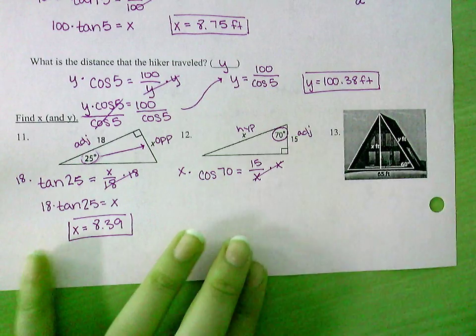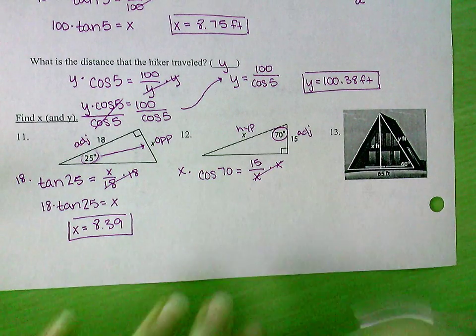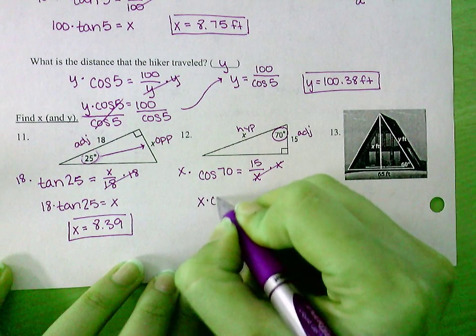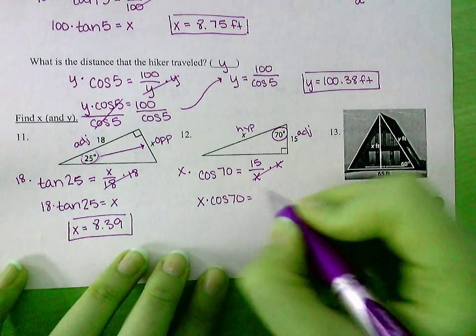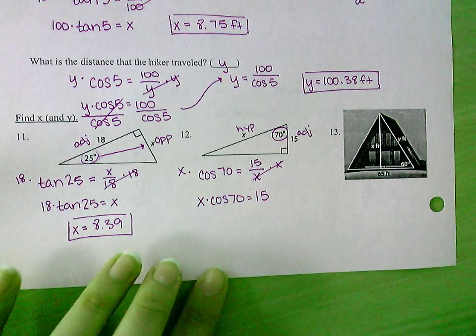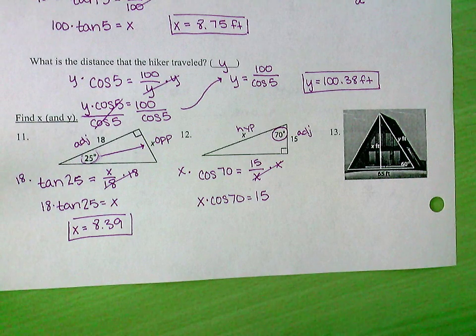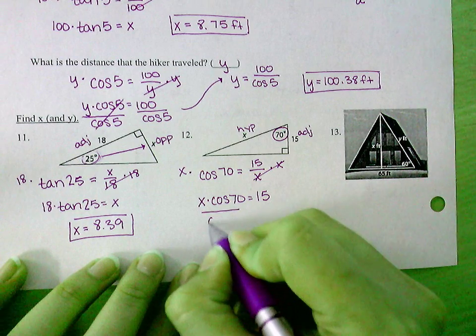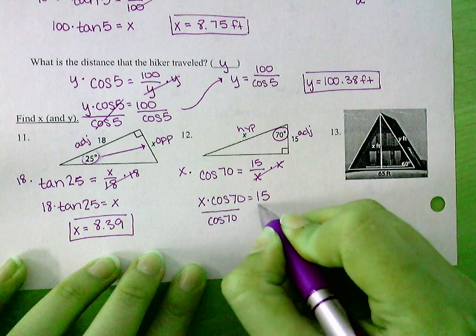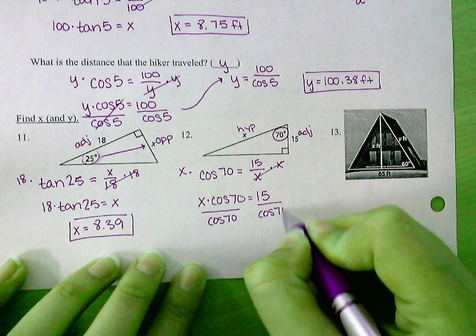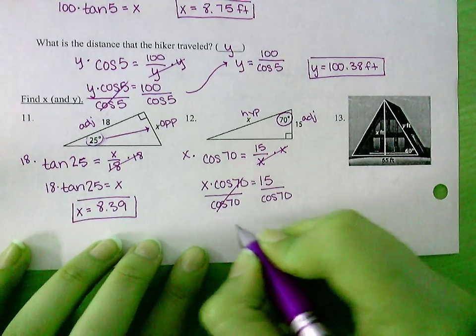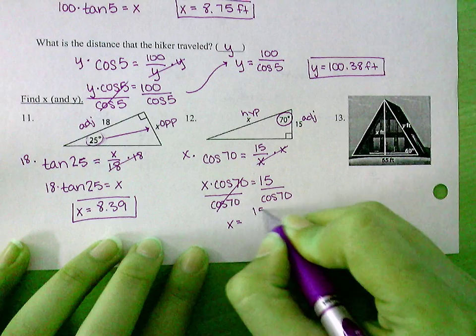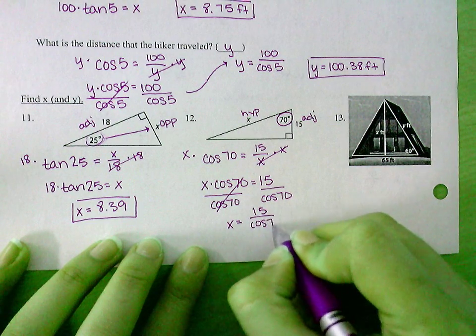So they cancel on that right side, and we have x times the cosine of 70 equals 15. Next step is divide. So I'm going to divide by the cosine of 70 on both sides. They cancel out here. So x is equal to 15 over cosine of 70.